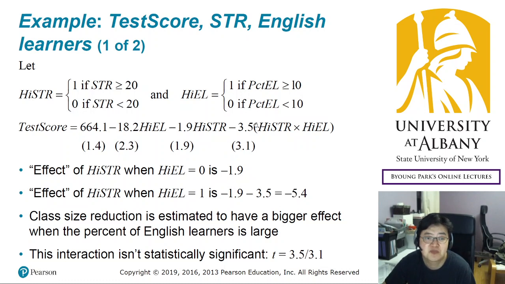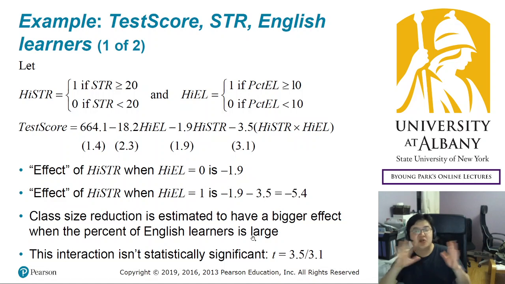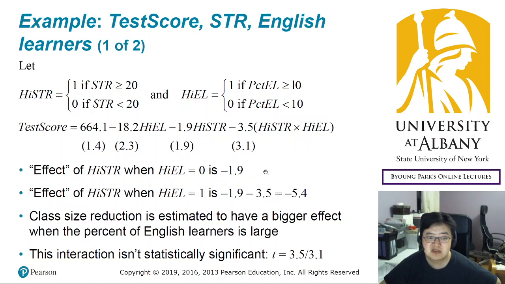The beta 3, the coefficient of the interaction term, is estimated to be minus 3.5, but the standard error is quite large, 3.1. So this coefficient is not significant. Therefore, statistically, we say that the interaction effect is not significant. However, if you ignore the significance, the estimation result is consistent with what we expected.